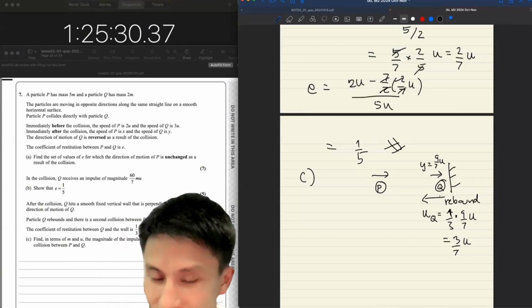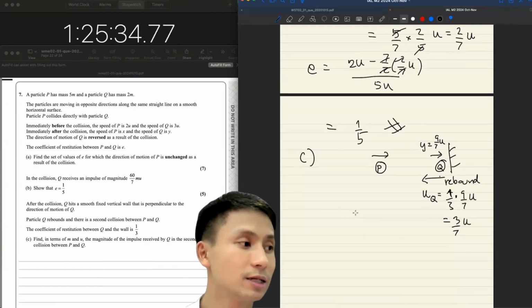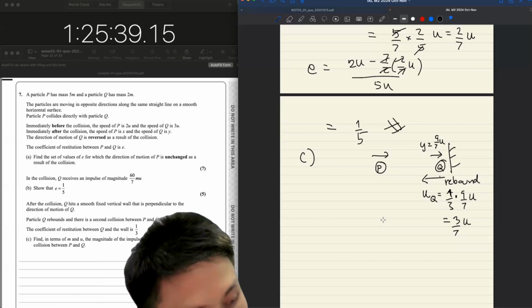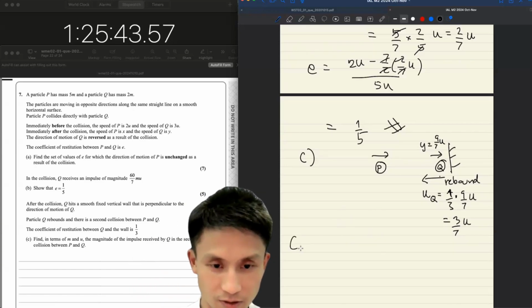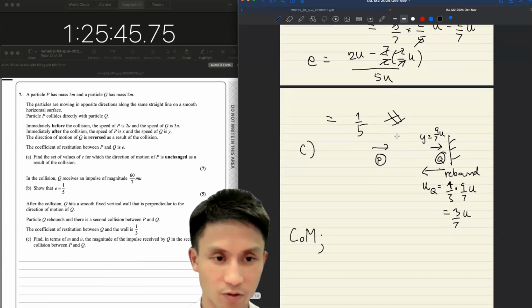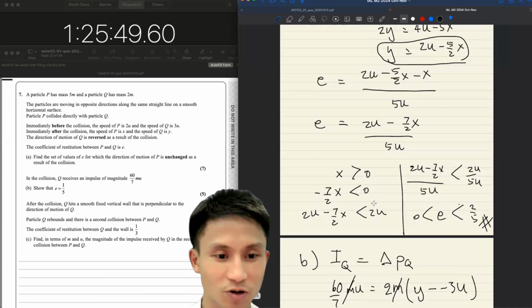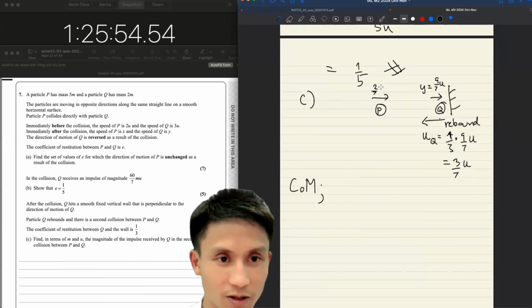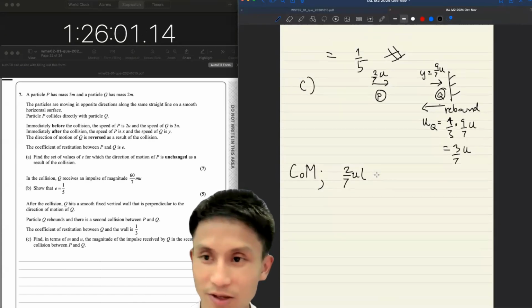Impulse received by Q in the second collision. Ooh, all right. Change in momentum. Okay, so we've got to do conservation of momentum again. So P is going to move by the X, where X is 2 over 7u. Okay, so let's do 2 over 7u times, what's the mass of P? 5m, yeah?